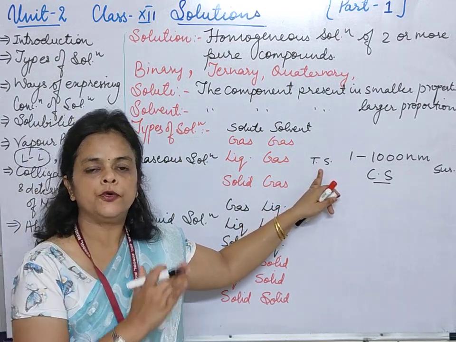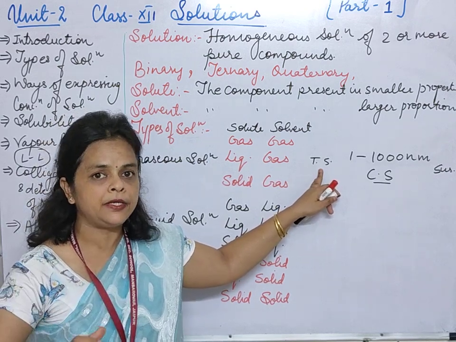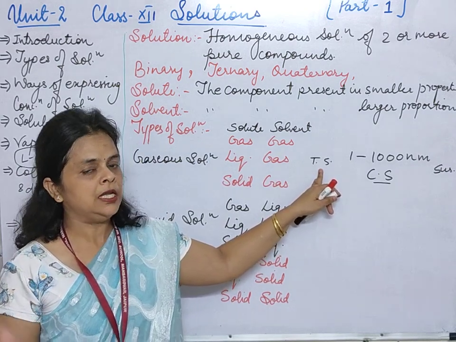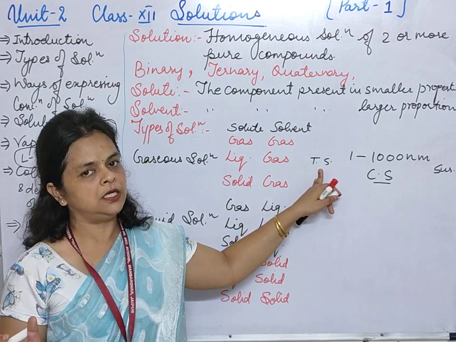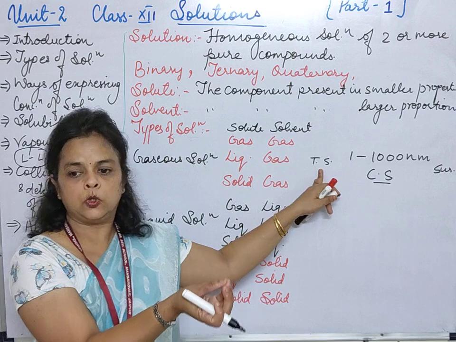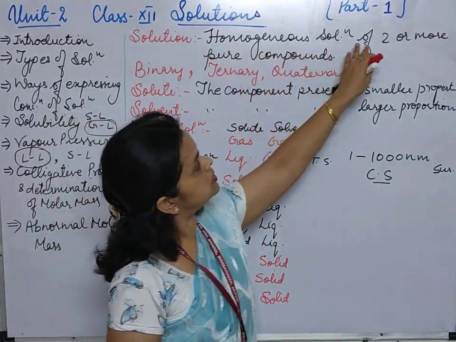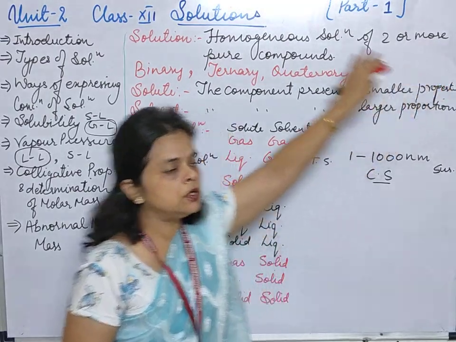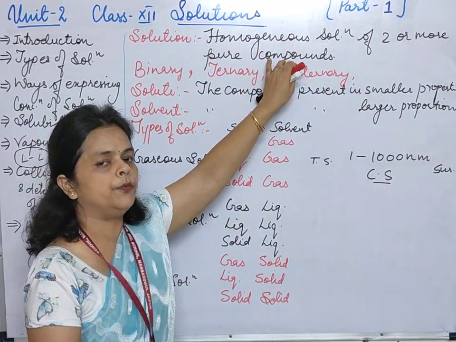There is no boundary of separation between the different components. You cannot separate the different components. Like if you dissolve glucose in water, they will intermix with each other, and you cannot say yes, this is glucose and this is water. Homogeneous solution of 2 or more pure substances, pure compounds, or you can say components.